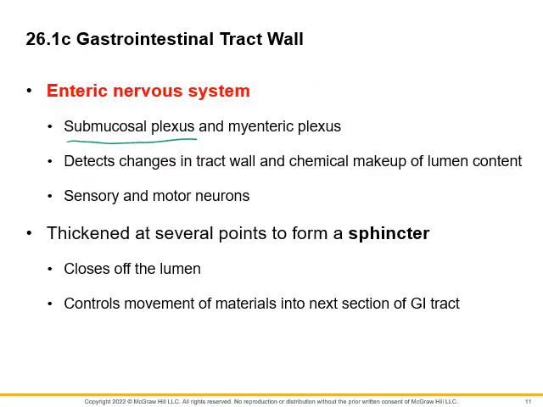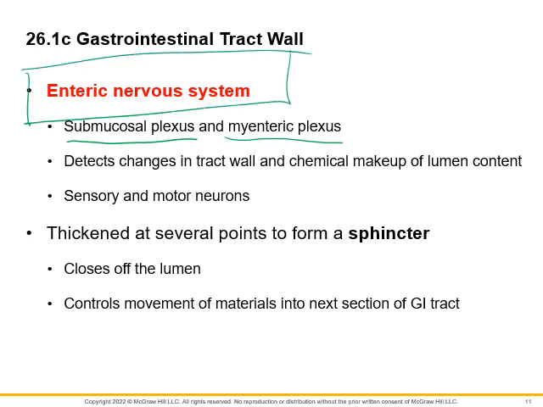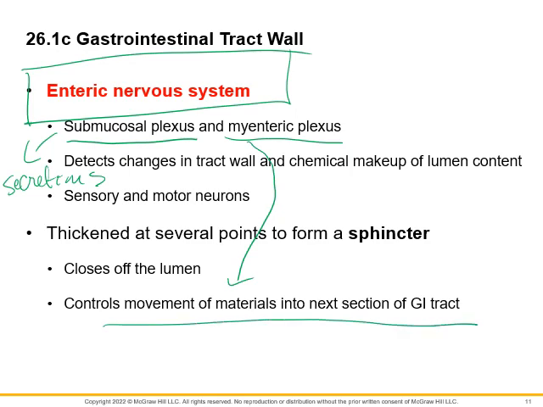This submucosal plexus and this myenteric plexus were mentioned in the previous slides. Together, it's called the enteric nervous system. So it's going to have some control over secretions, and then it's also going to have some control over the movement of materials through the GI tract. So it's composed of both sensory and motor neurons. Some people think of it as a separate nervous system because it is outside of the central nervous system.